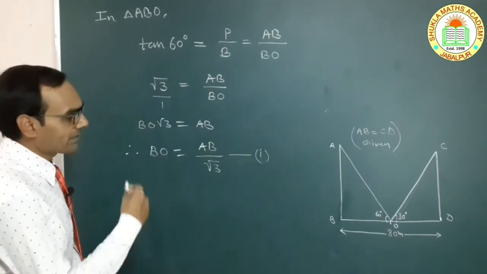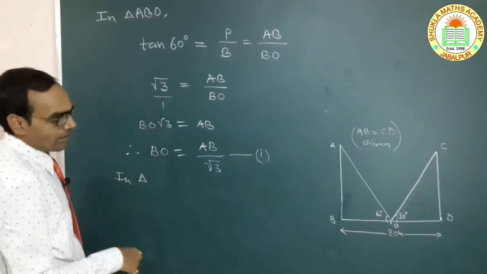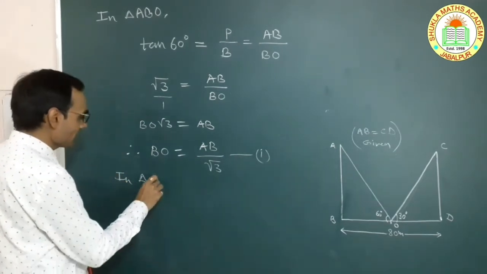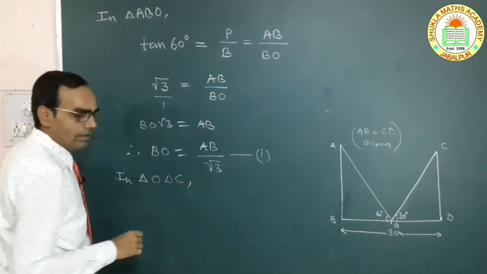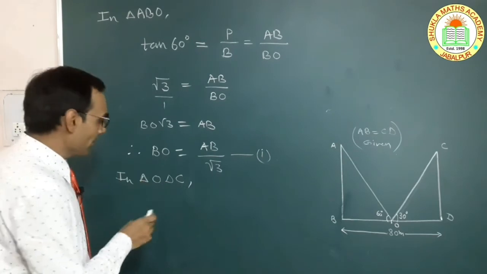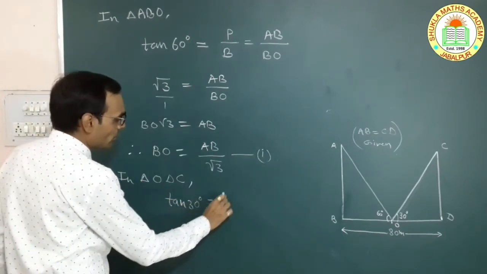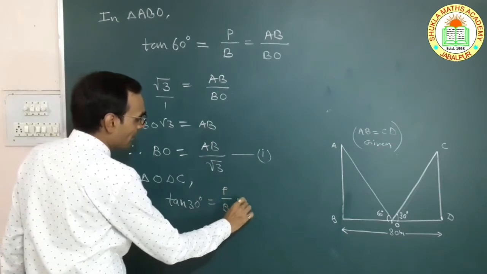And similarly we will take the second triangle, that is ODC, and also take tan theta, where theta is 30 degree, the angle of elevation. So tan 30 degree is equal to P by B, perpendicular by base.